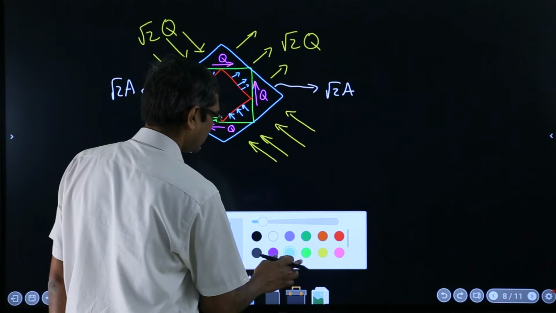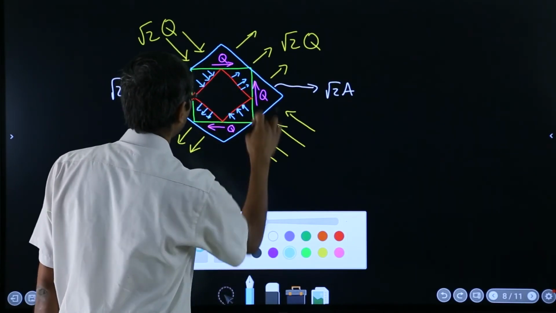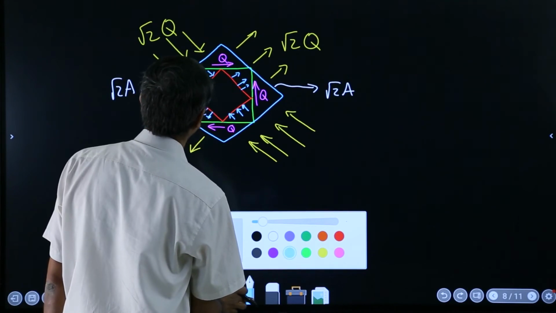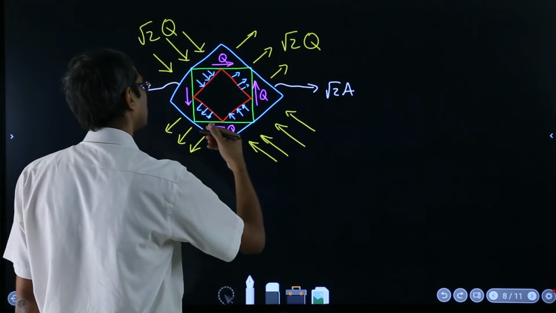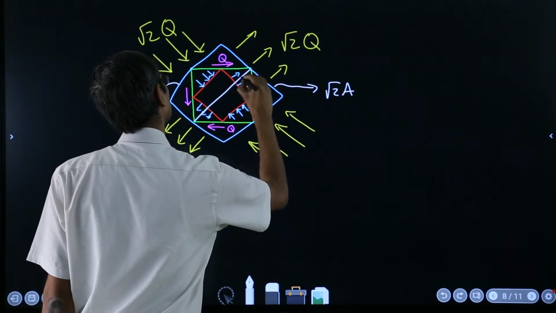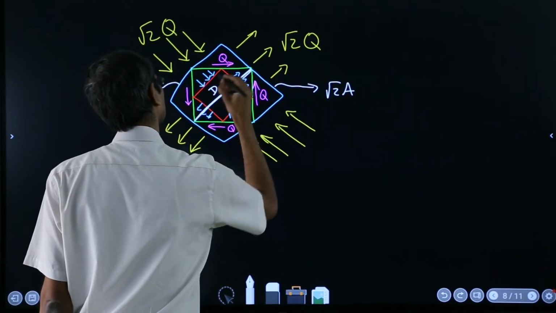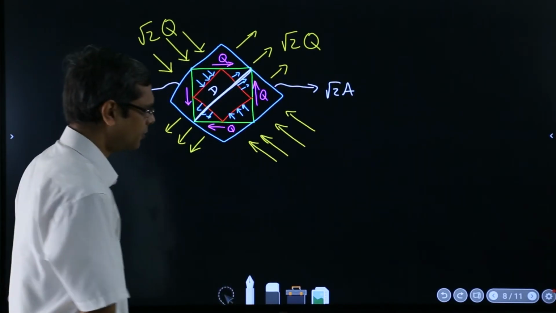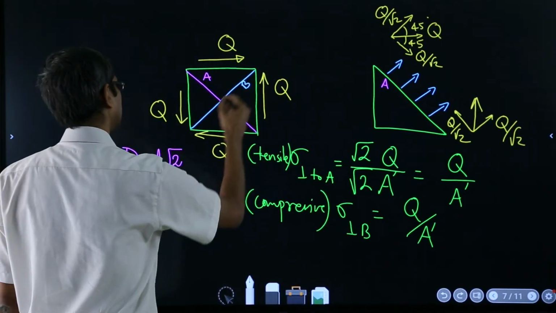Now, if this green was our original square, this length was d, right? If you see this, yeah, this was d.